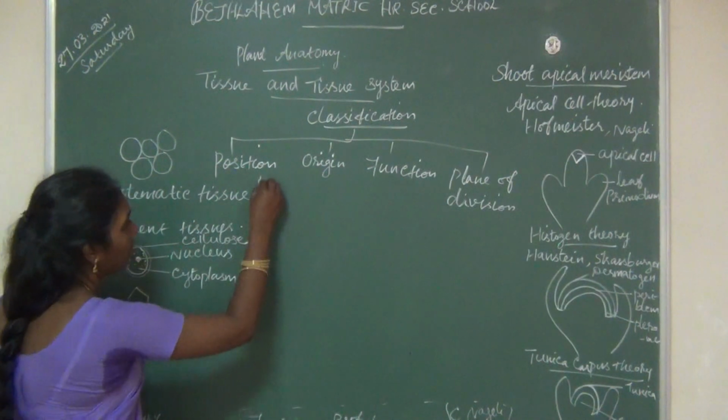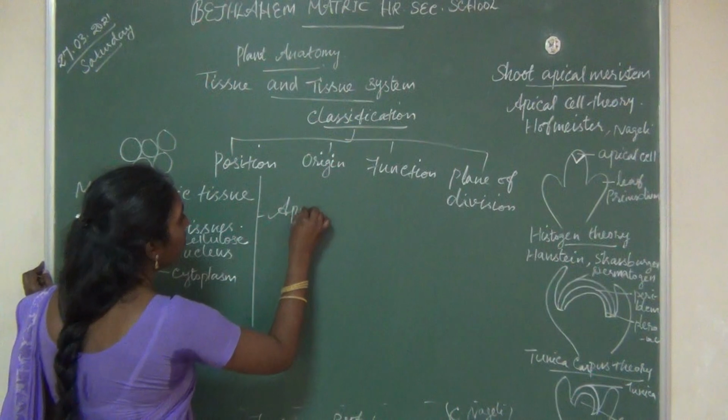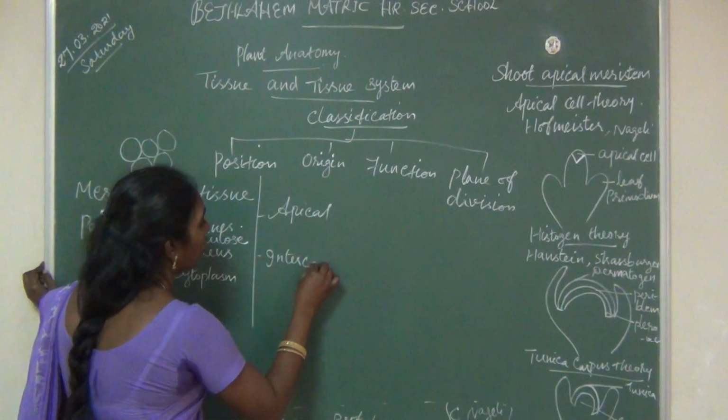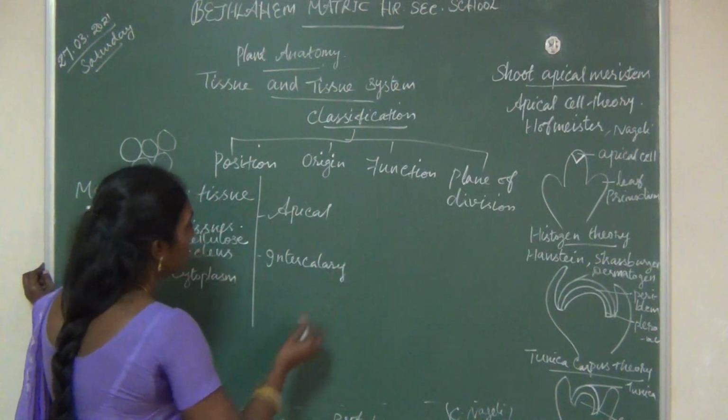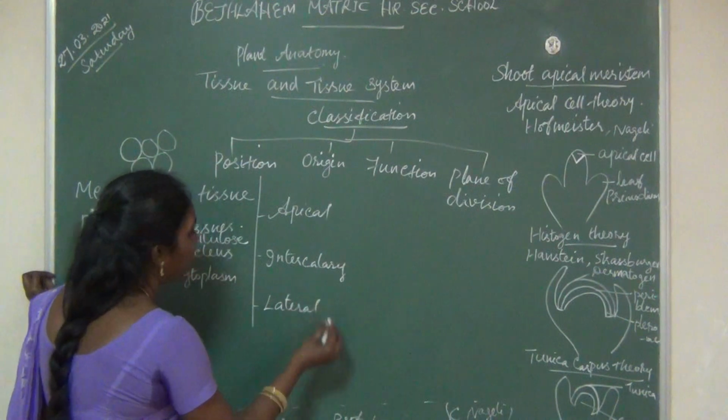Based on the position, it's classified into apical meristem, intercalary meristem and lateral meristem.